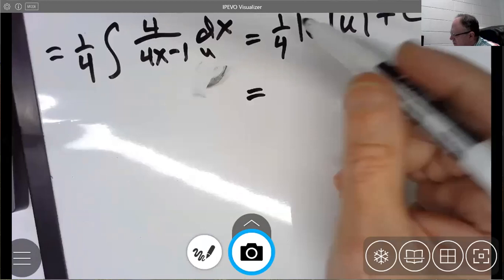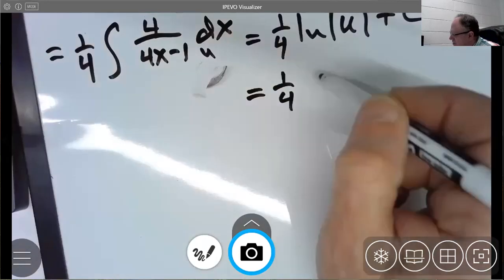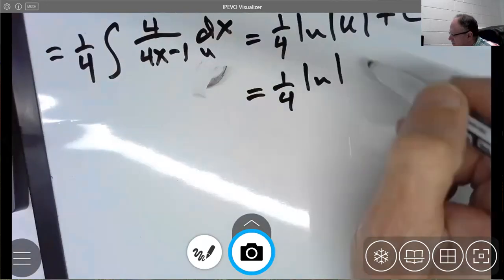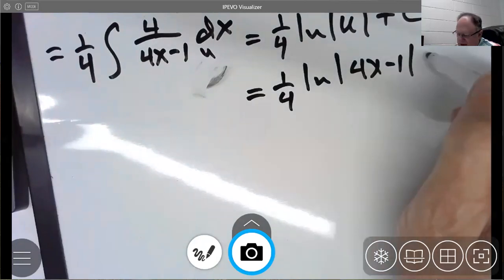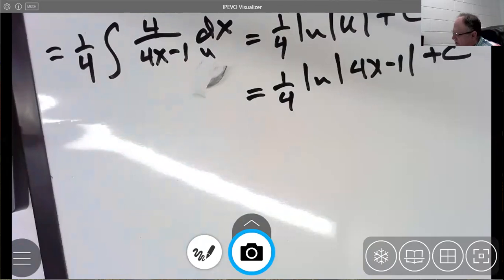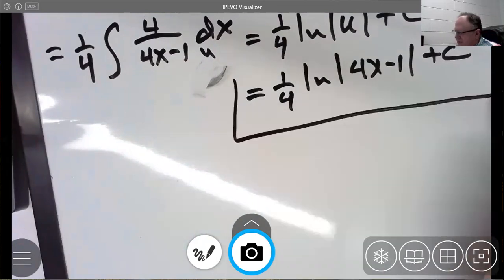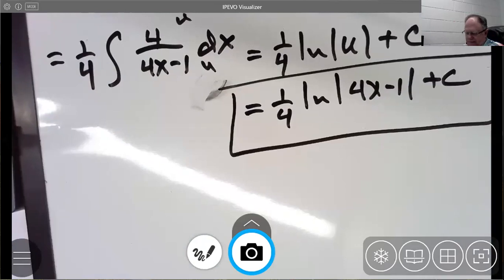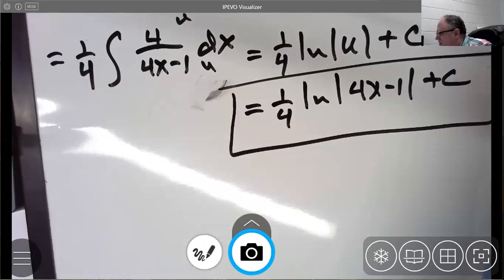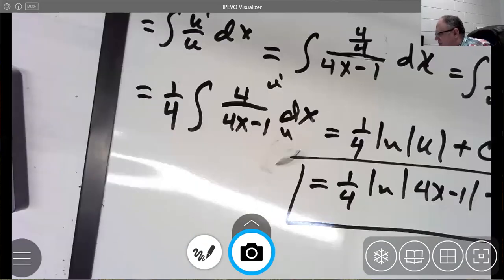So this will be 1/4 natural log absolute value of 4x minus 1 plus c. And that's our answer to that integral. Any questions with that? Okay, so that's example 2. If you need to go back over that again, it's in the book. All right.